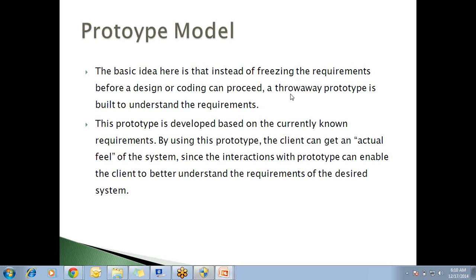The prototype is developed based on the currently known requirements, and with the help of this prototype, the client can get an actual feel of the system. So the interactions with the prototype enable the client to better understand the requirements of the desired system.